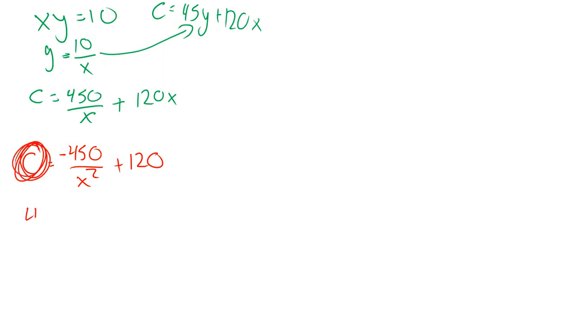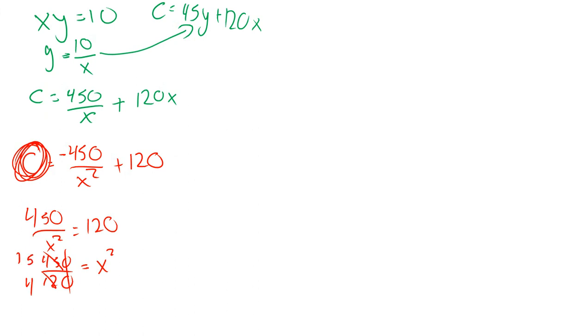Move that to the other side. Got us 450 all over x squared is equal to 120. That gets us x squared is equal to 450 over 120. Reduce, reduce, reduce. We can take a 3 out of there, which turns this into a 4 and 15.